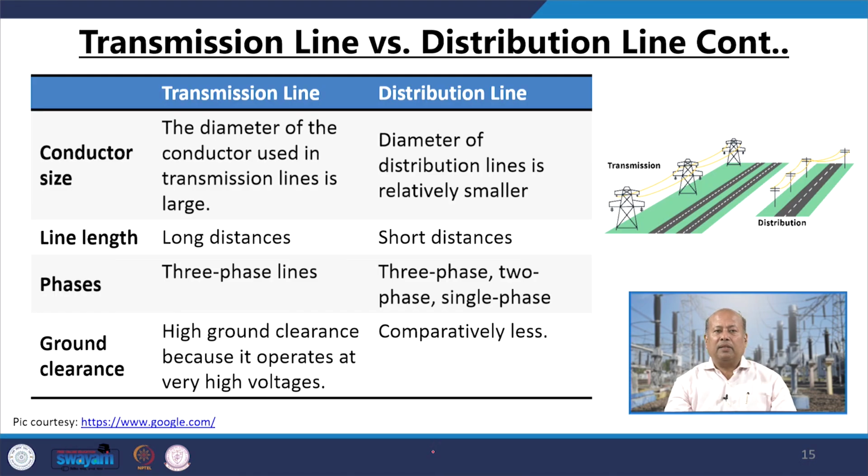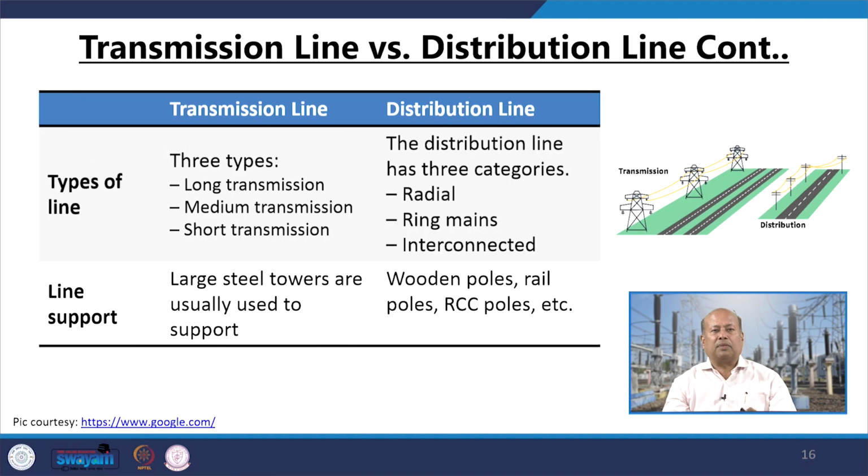About the ground clearance, we need high ground clearance because transmission operates at very high voltage. However, distribution lines are also clear from the ground, but not as high as transmission systems. Type of lines: we have long, medium and short transmission lines. In case of distribution, we popularly know radial systems, ring mains, and interconnected distribution systems.